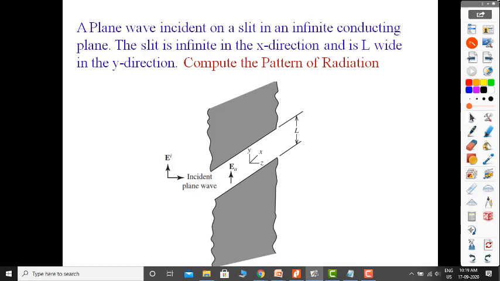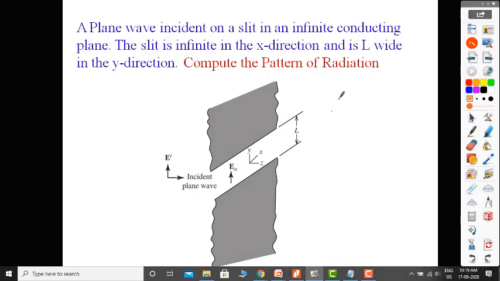Then those electric and magnetic fields at the source are modeled as electric current density and magnetic current density by using the equivalence theorem. The surface current density Js is modeled from the magnetic field over the aperture, written as Js equals n cap cross Hs.